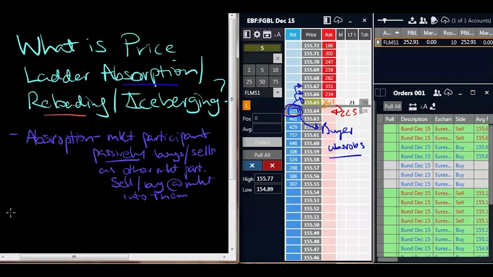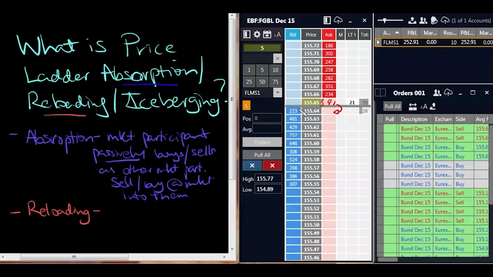Now, the theory behind reloading. It's a very similar concept, except reloading is particularly looking at the action of reloading the bid or the offer. Take the scenario we had before, where on the offer we have 391 contracts, and then someone sells at market 223 contracts.